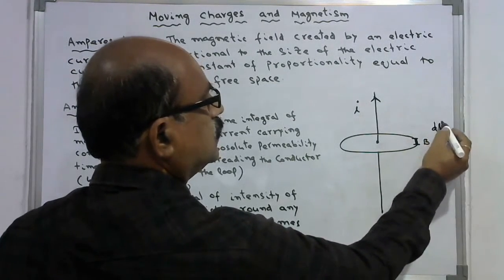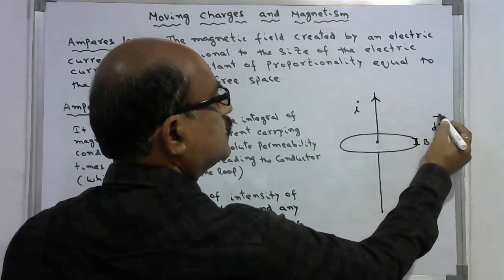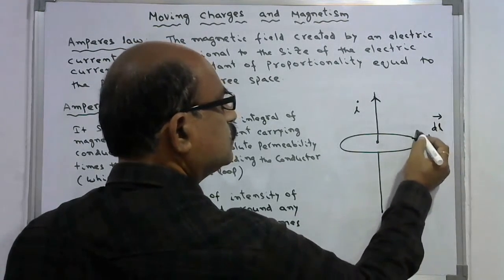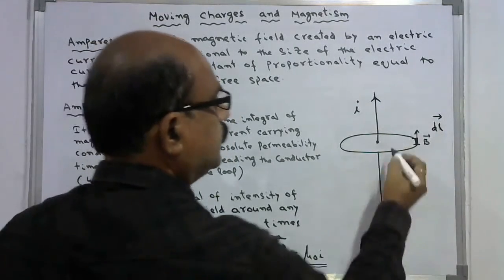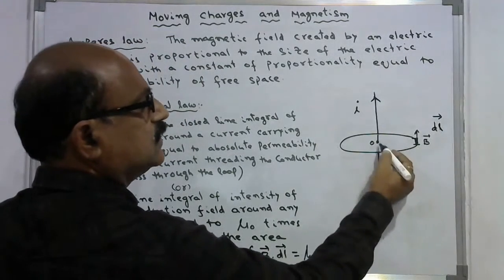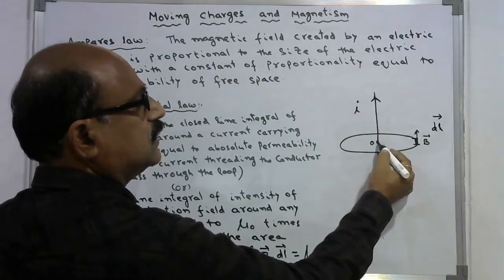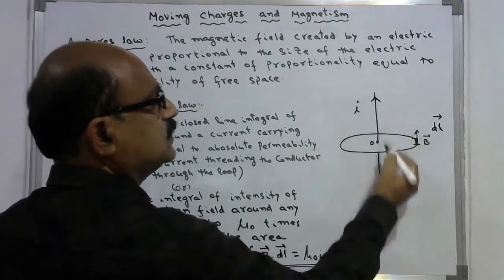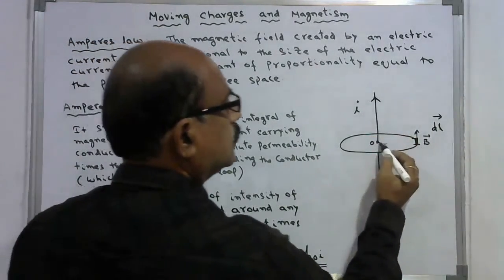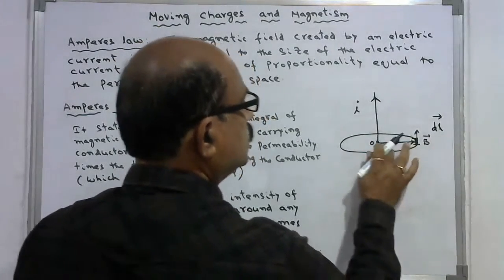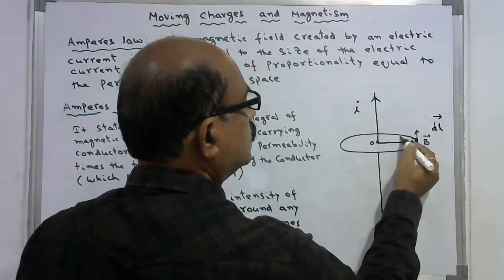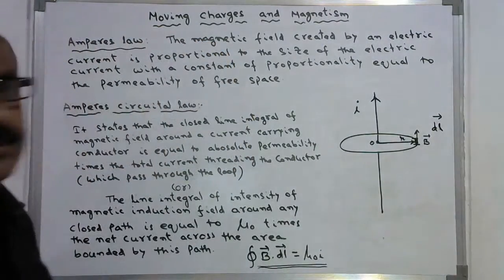This is the small element of length dl, and the direction of B is in the direction of dl. Say this is the center of the circle, which is the point where the conductor is passing through this particular circle, and this is the position vector, the position where I would like to find the magnetic induction.